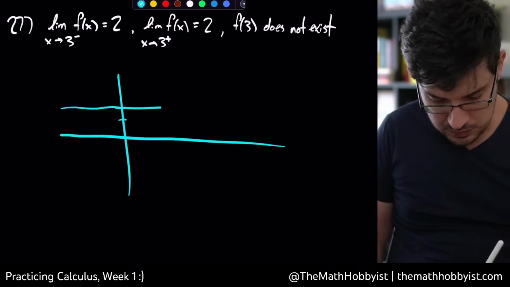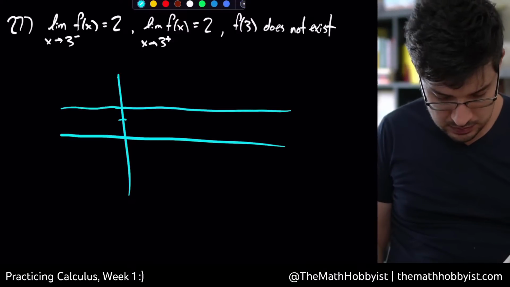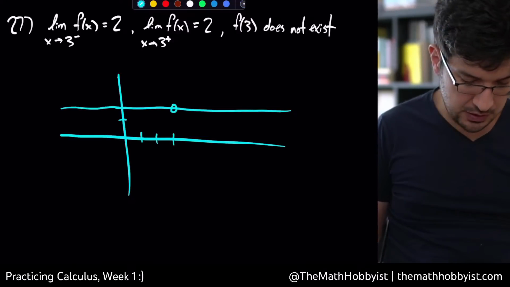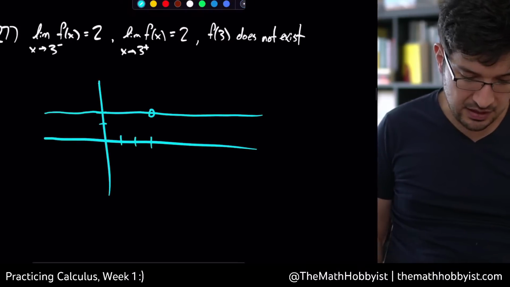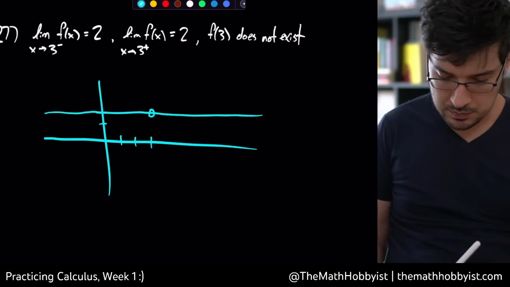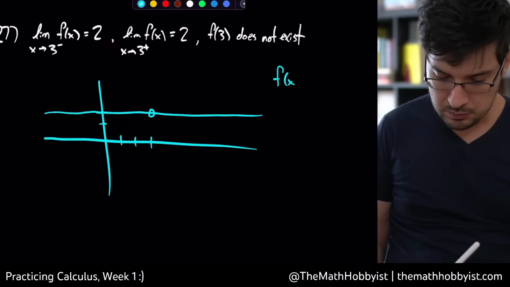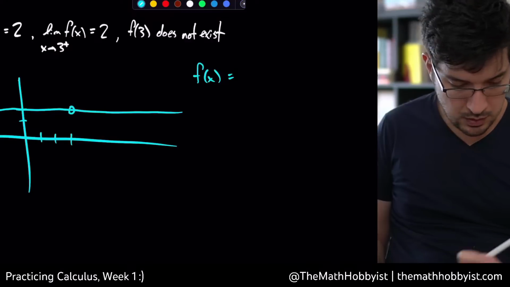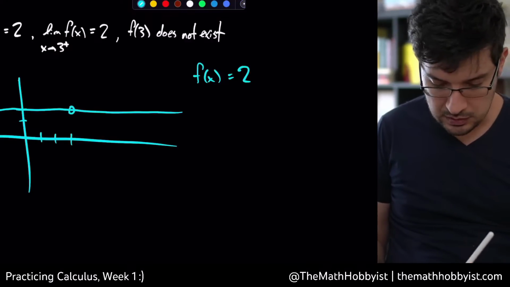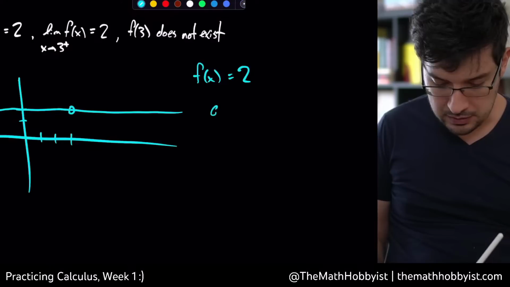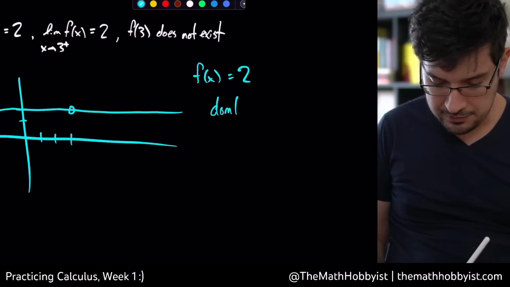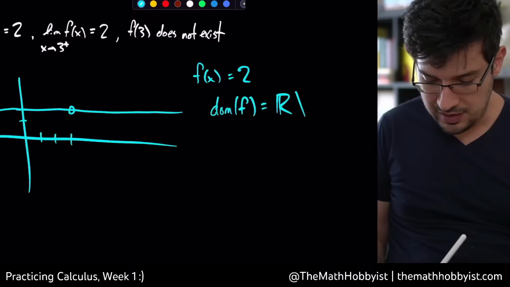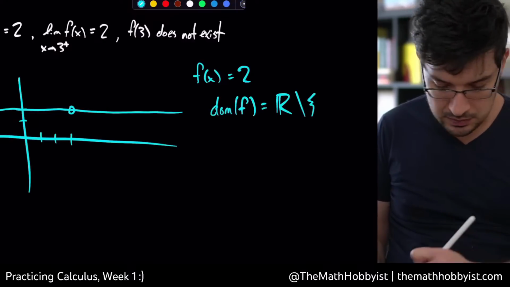Again, I'm going to create a constant function that is not defined at one point. f of x equals 2, where the domain of f is the real numbers except for the number 3.